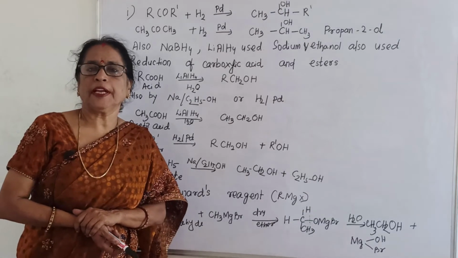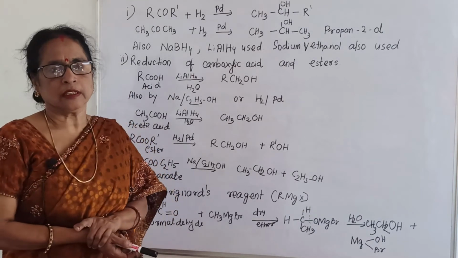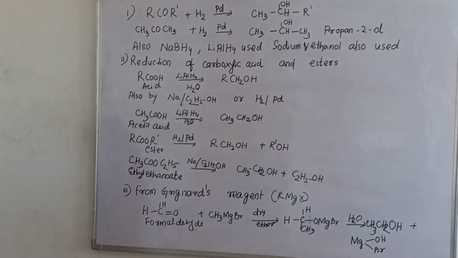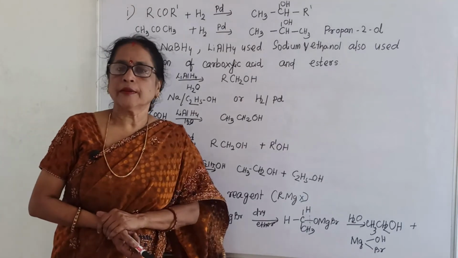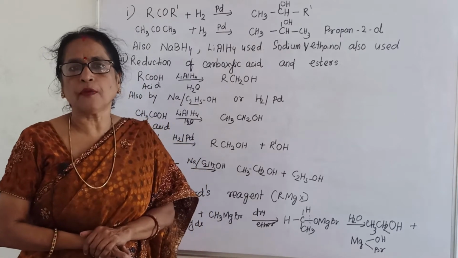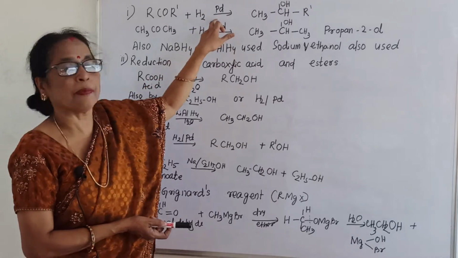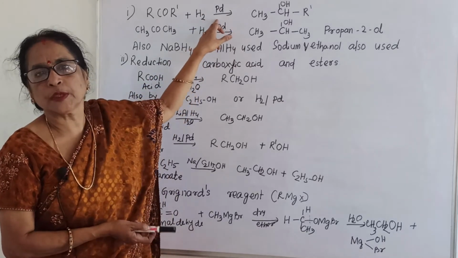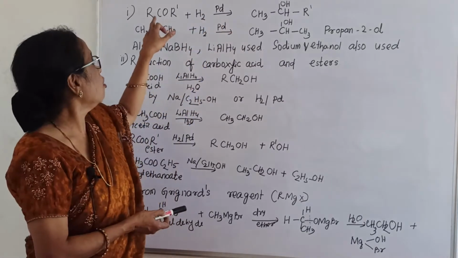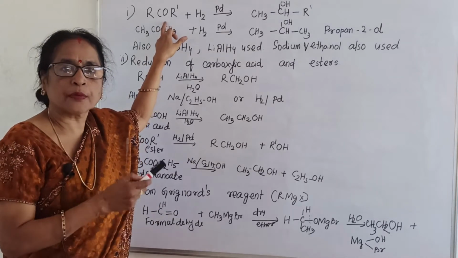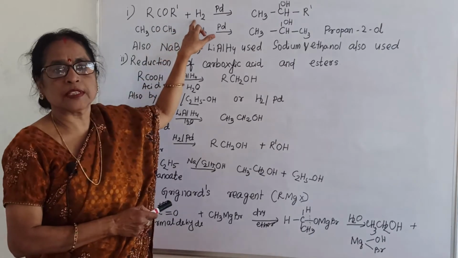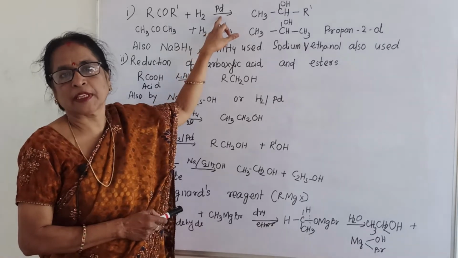I have explained the reduction of aldehyde with hydrogen in presence of palladium as catalyst, which produces alcohol. Now we will see reduction of ketone with hydrogen in presence of palladium as catalyst.